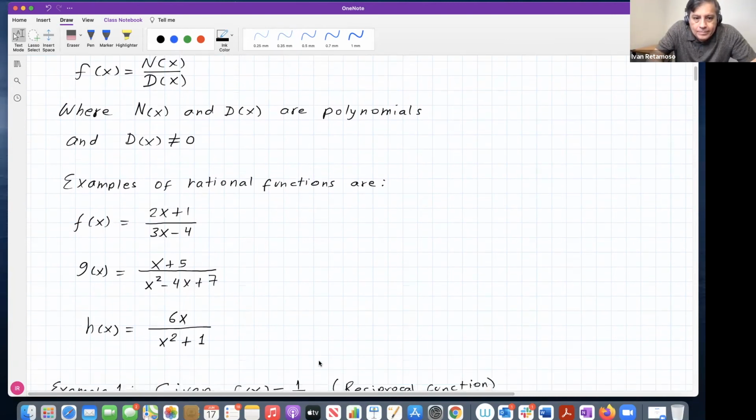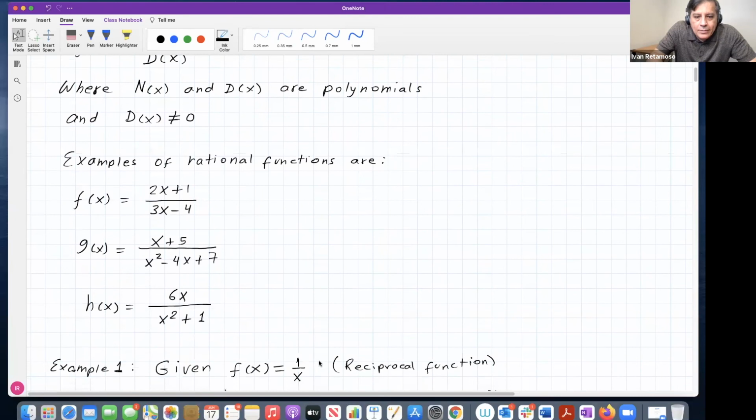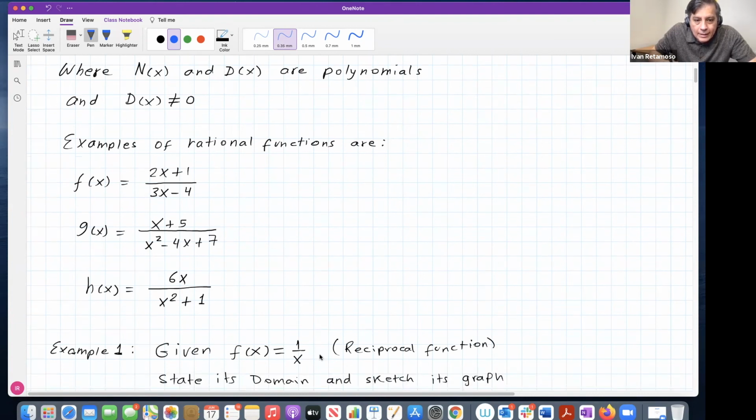Okay, now, first thing that you should learn about rational functions is this. Very often, 99.9% of the time, they will not come all in one piece. They will not be connected. They will have gaps, jumps, holes. In order for you to understand that, let me go over this example.